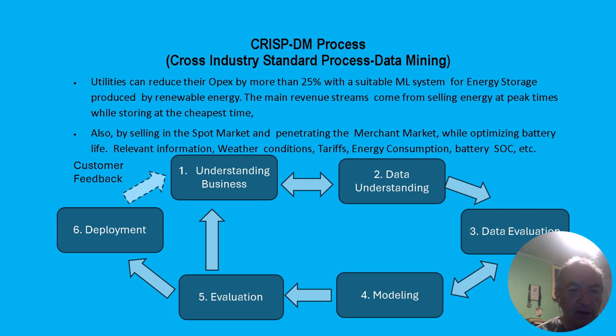The other thing is that we can sell the energy in the spot market and penetrate also the merchant market, but simultaneously we can optimize the life expectancy of the batteries. The information that's relevant is weather conditions, electric tariffs, energy consumption, battery state of charge, etc.